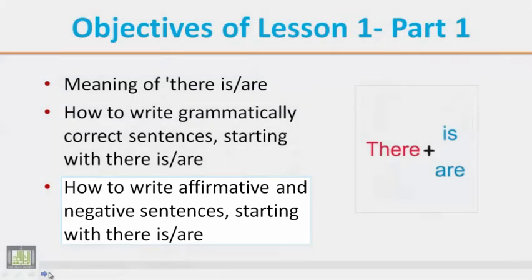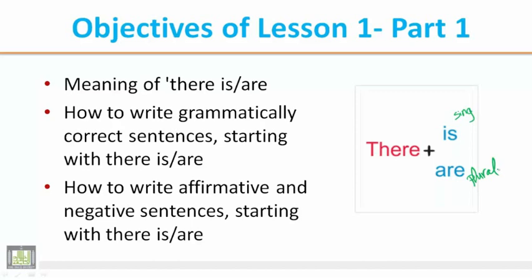We know that there is or there are is a commonly used construction in English. هي عبارة عن تركيب يستخدم بشكل شائع في اللغة الإنجليزية، ودائما ما نستخدم there is مع الأسماء المفردة singular، بينما نستخدم there are مع الأسماء المجموعة، أسماء الجمع.